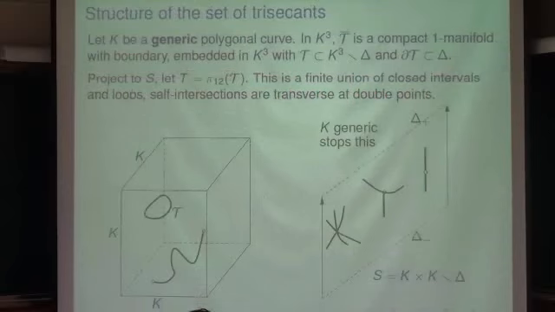So let me do this. Here I have the knot, cross the knot, cross the knot. I'm thinking about this side and this side as being identified. And each of these points on this curve is meant to be a trisecant.